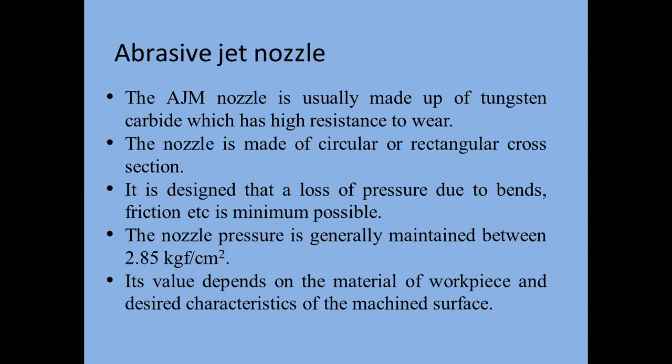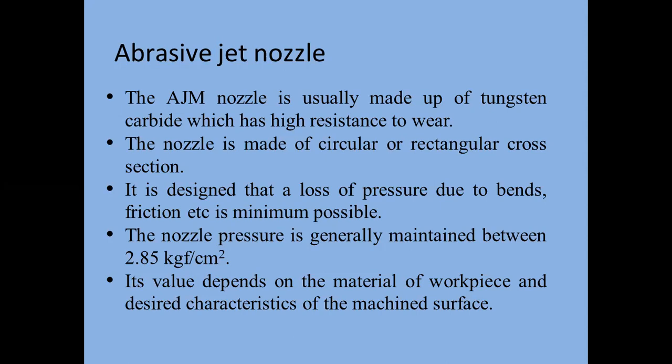Because the cross section gets reduced gradually, the material flowing inside is subjected to friction against the cross section continuously and gets pressurized to a higher level. Once it comes out of the small cross section of the nozzle, it immediately gains accelerated velocity.